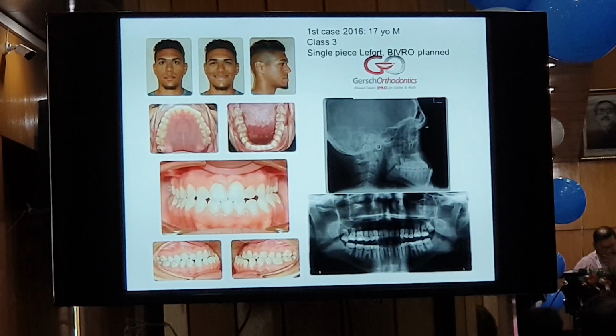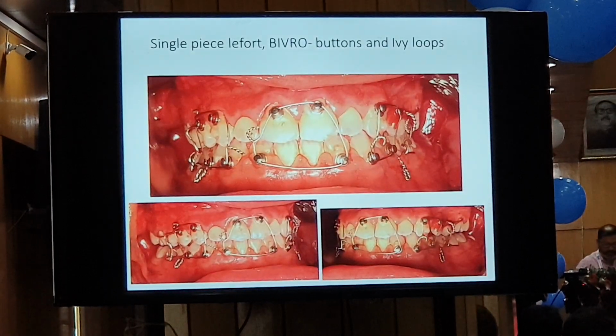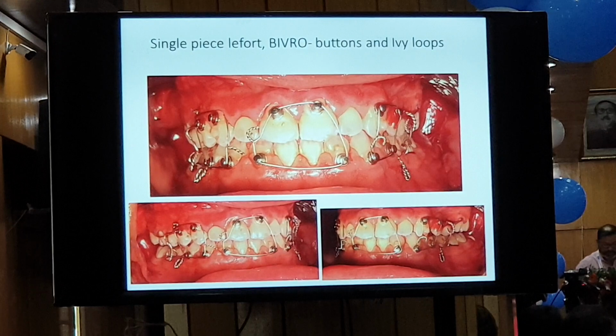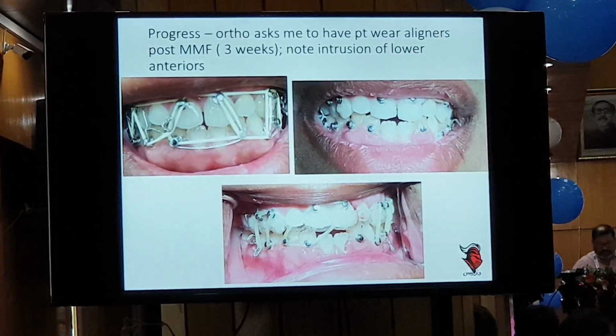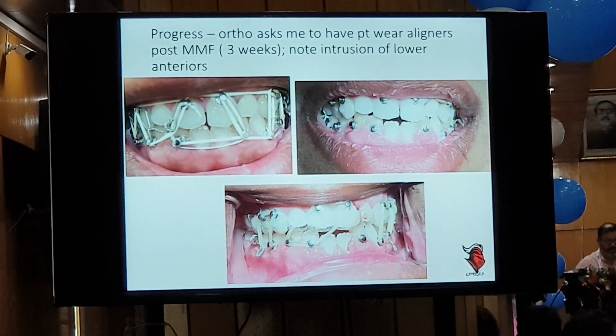So again, this is the first case I ever did with Invisalign from 3 years ago, class 3 malocclusion. And at the time, we used a combination of Ivy loops and buttons. And then the orthodontist asked me to put the aligners in right away.